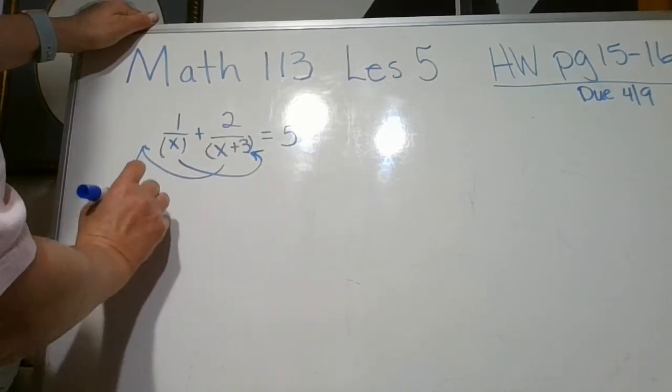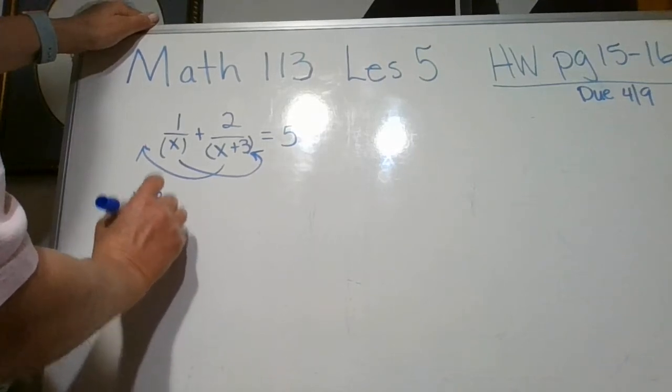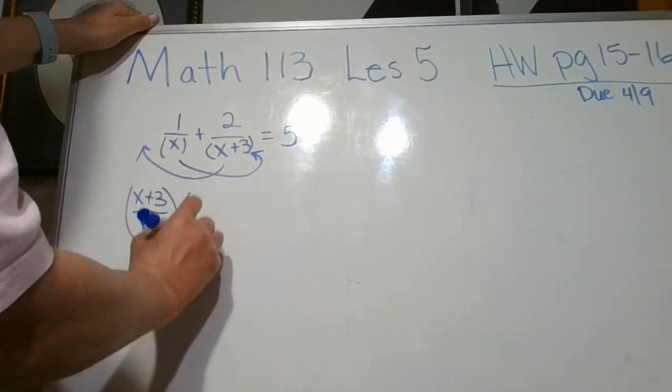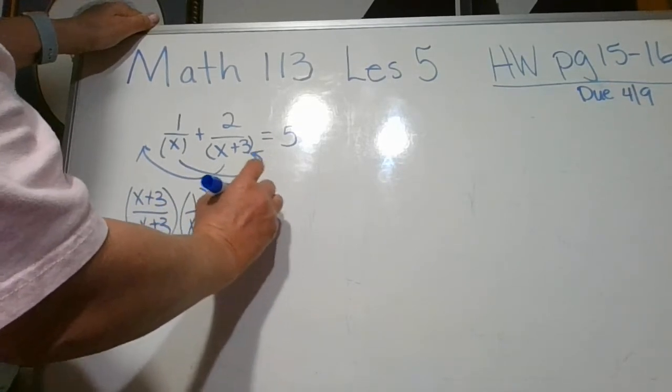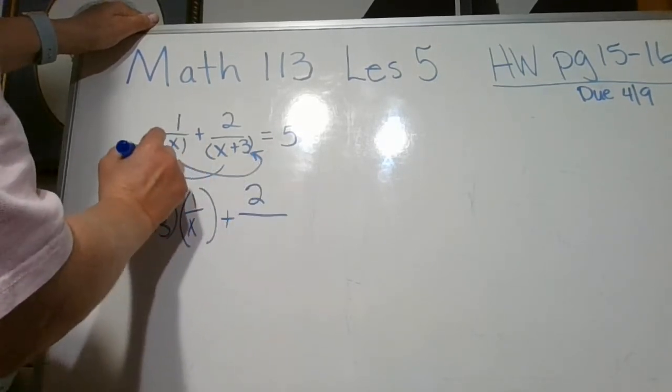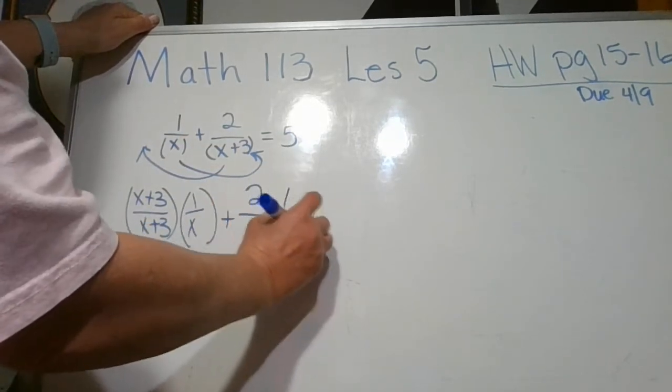So I'm going to have x plus 3 over x plus 3 times 1 over x plus 2 over, and I have to multiply this one by x.